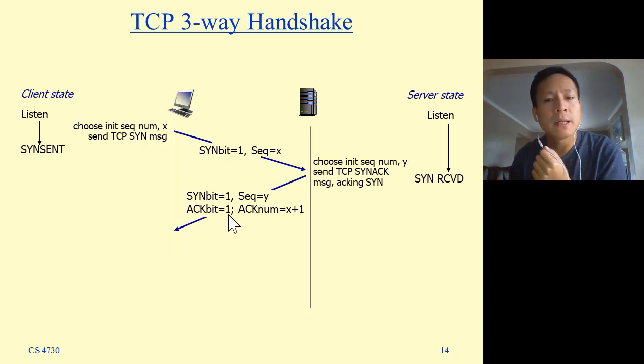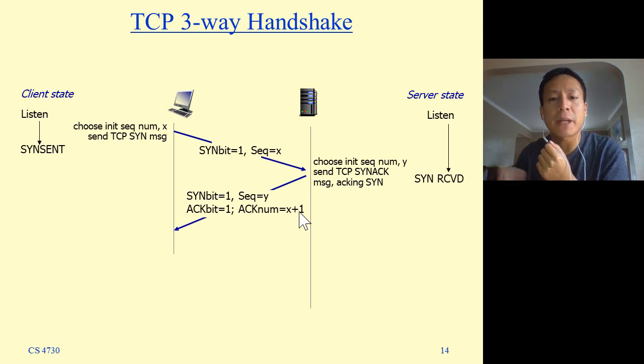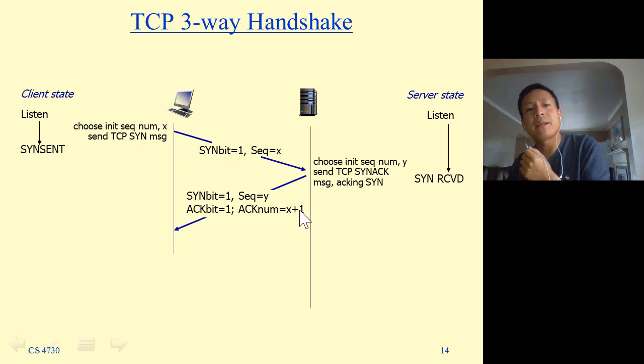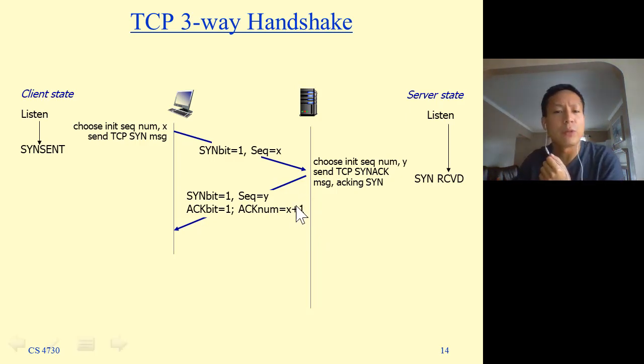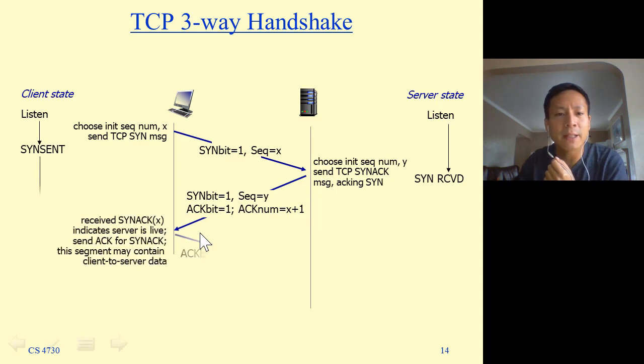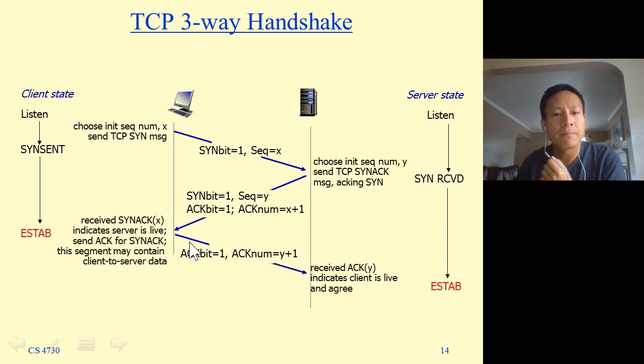This is the second message, and it tells the client side that the acknowledgement number is X plus 1, which means I have already received the sequence number X and I'm expecting X plus 1 next. So whatever packet you send me next should have a sequence number equal to X plus 1.